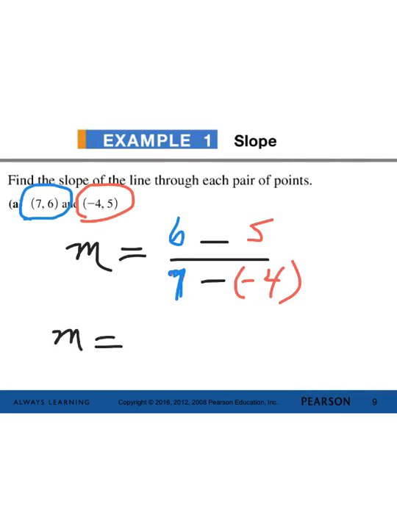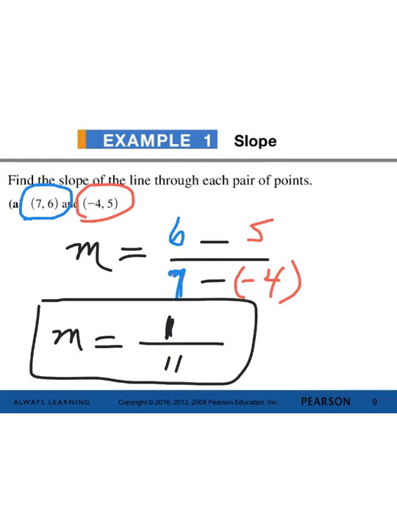So the slope then is equal to 6 minus 5, which is 1, divided by 7 minus negative 4, which is the same as 7 plus 4, which is 11. So that gives us a slope for that line between the point 7, 6 and the other point negative 4, 5. The slope is 1 over 11.